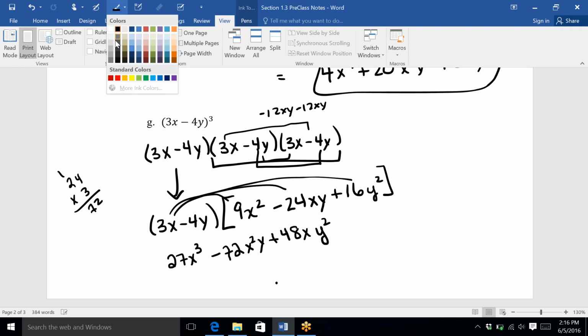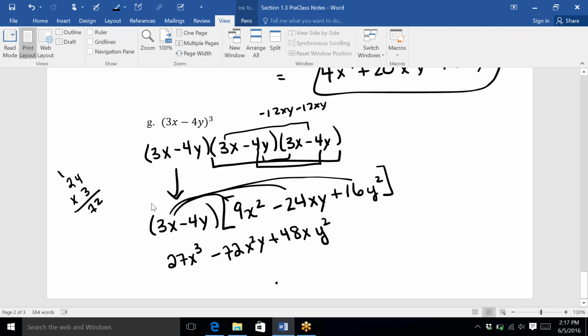Okay, let's change colors so we can keep track. Now I'm going to do negative 4y times everything. So negative 4y times 9x squared would be negative 36x squared y. Negative 4 times negative 24, so let's see what 24 times 4 is. That's 96.